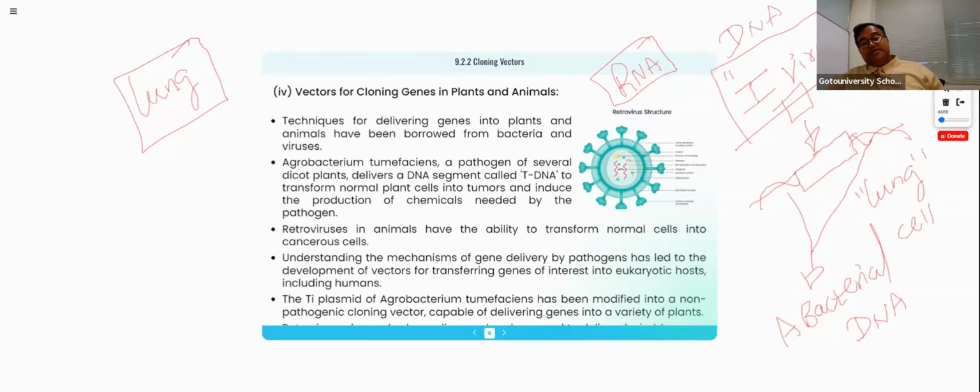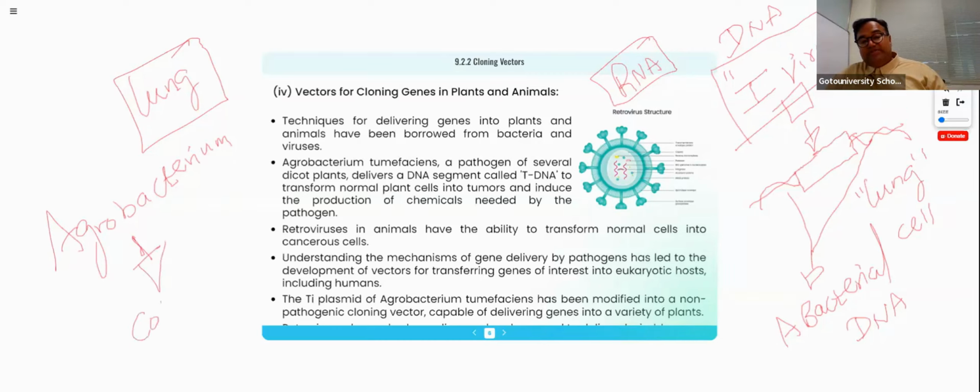This is a classic example of how we introduce a gene into an animal cell. In the same way, Agrobacterium tumefaciens is a bacterium into which I introduce the gene of my interest, and I make this bacterium introduce a foreign gene into the cotton plant.